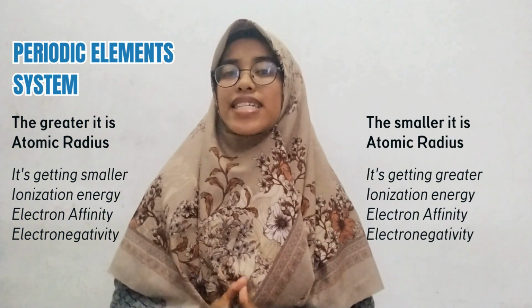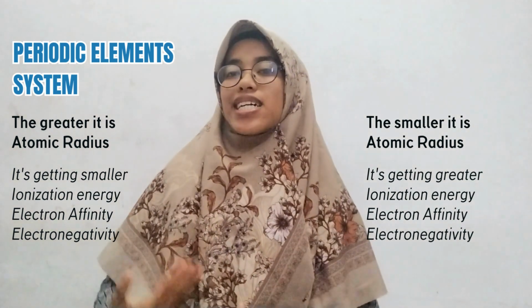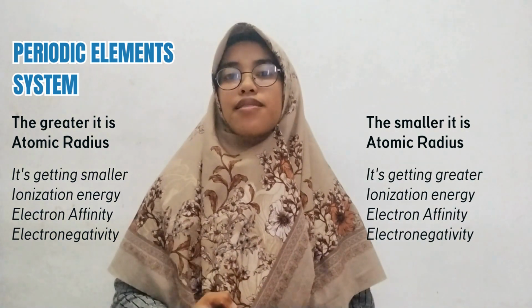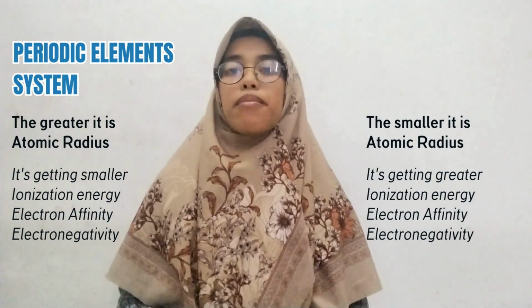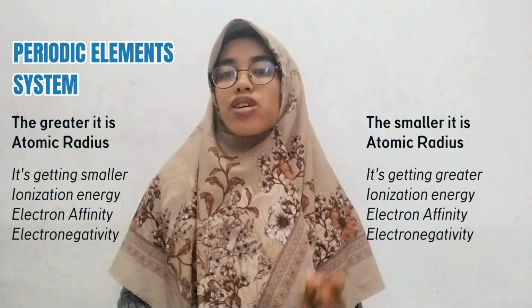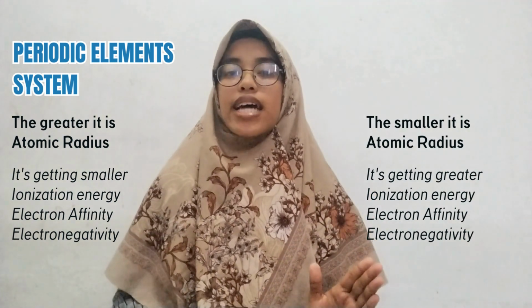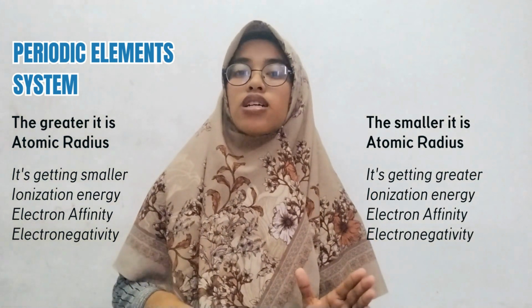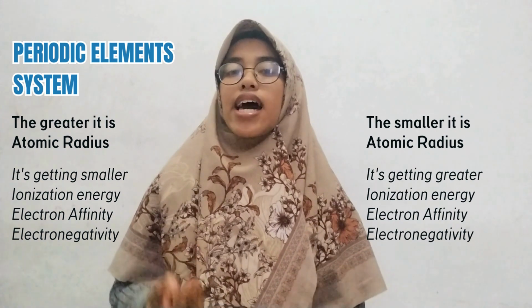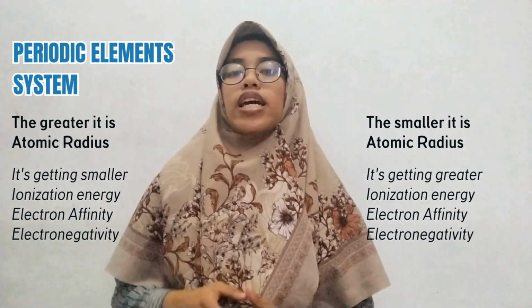So from our discussion earlier, we can conclude something like this. We must remember that for atomic radius, the further to the left and the further down, the greater the atomic radius.